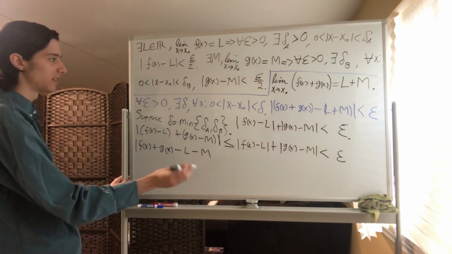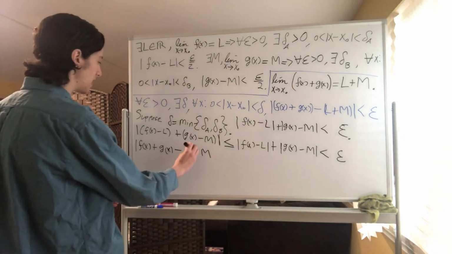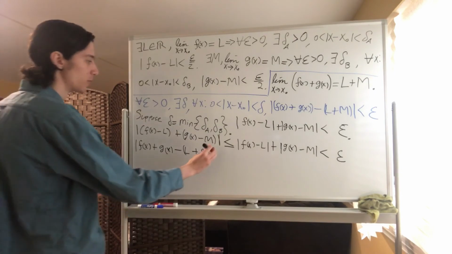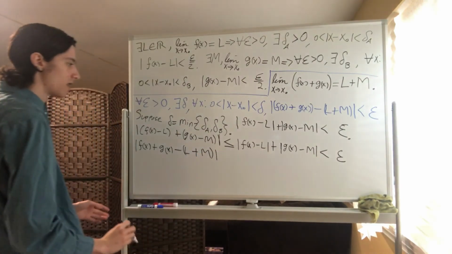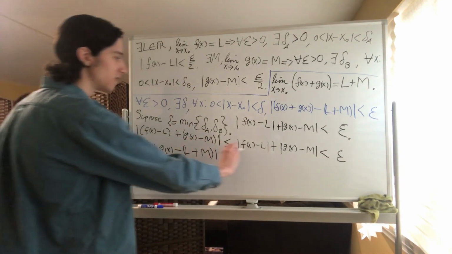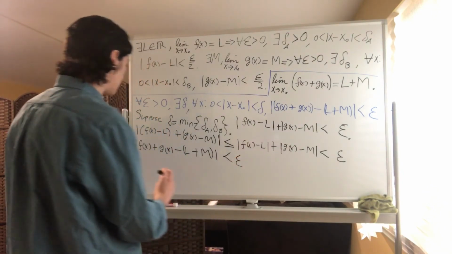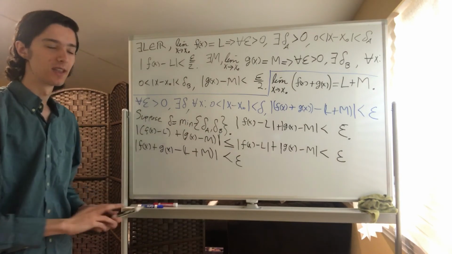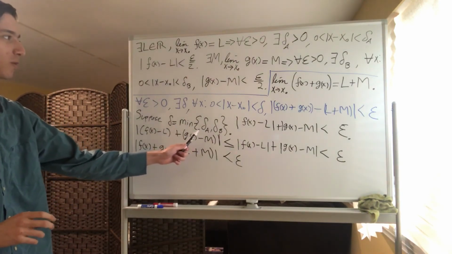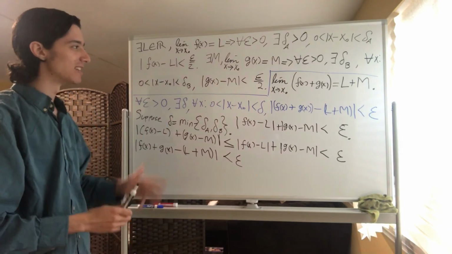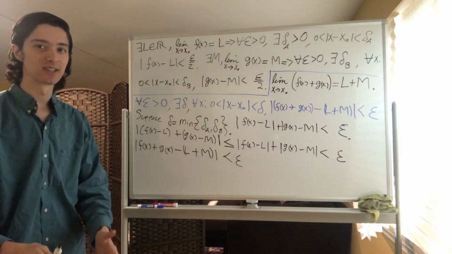And this is actually the same thing as saying minus L plus M, this whole quantity, and that's because of the distributive property. And this, by the transitive property, is less than epsilon. So therefore, this limit holds true, which therefore means we have proven the addition property of limits.